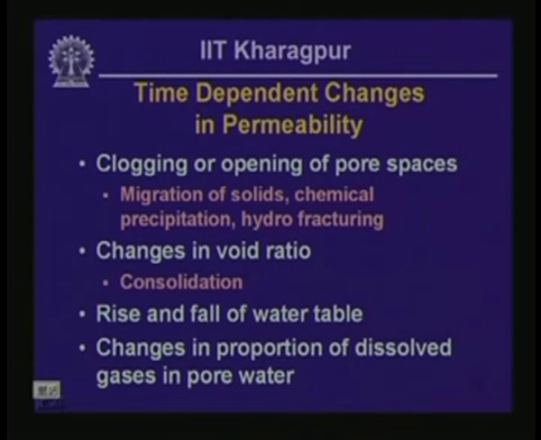In situ total stress might increase, and as soon as that stress increases, initially the stress gets transferred to the pore water, and because of the increase of pore water pressure, there could be a decrease in sigma v prime initially, or the effective stress might decrease, and this particular process ends up in draining of the interstitial pore water from the matrix of fine grained soils, and that process leads to the reduction of void ratio, and finally the initial increment of the total stress gets transferred to the interparticulate contact stress or the effective stress, and the initial increment of the pore water pressure goes down to 0.